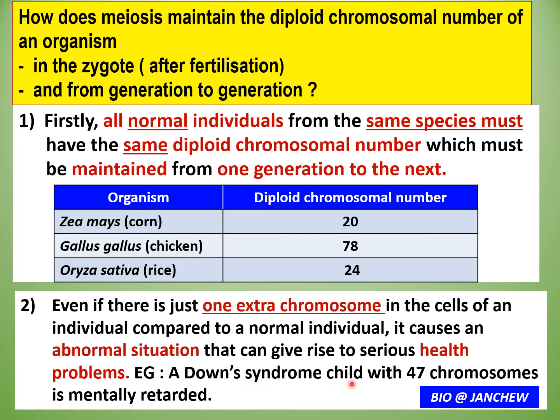So it is very important for each species of organism to always maintain the diploid chromosomal number from one generation to the next. For example, from the father or mother to the child, the chromosomal number must be maintained.